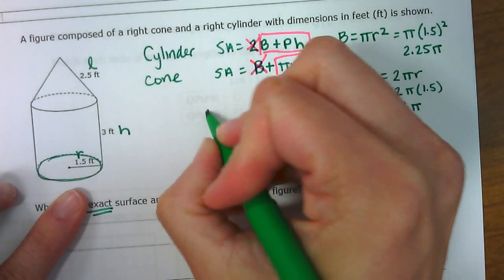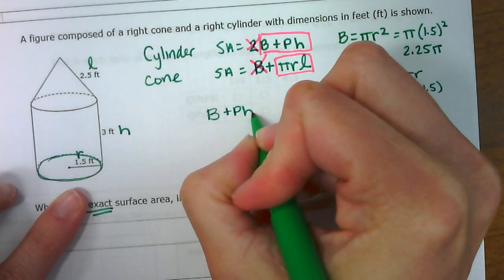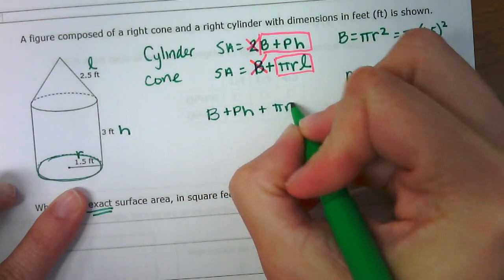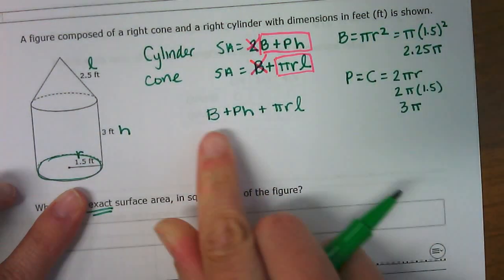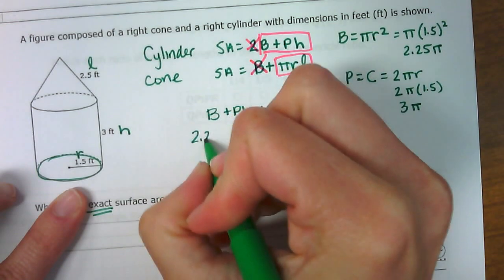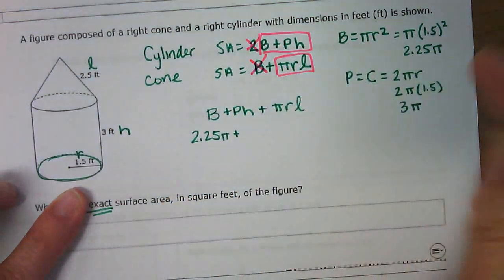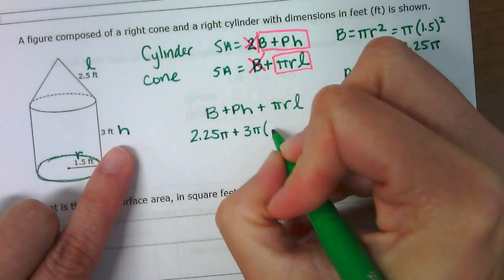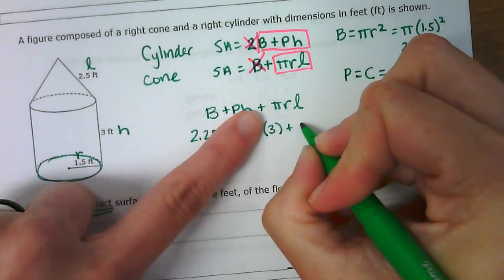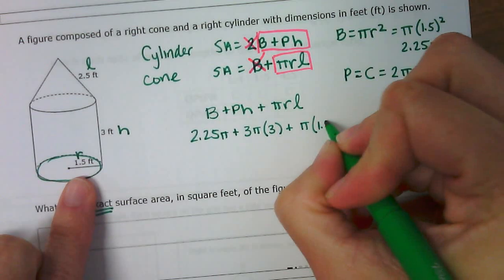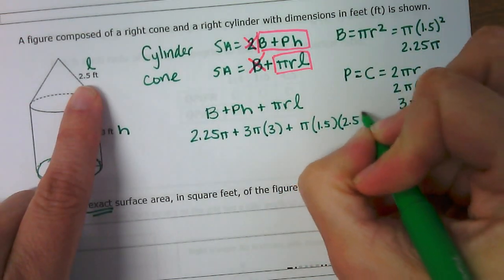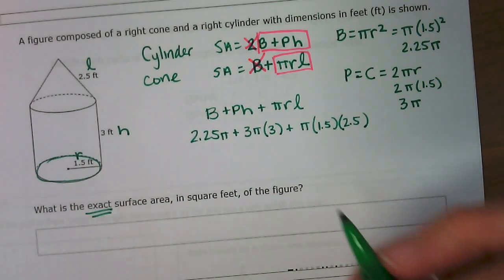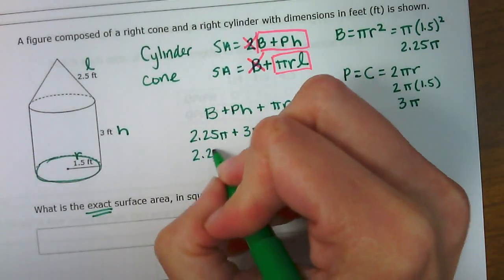So for my cylinder, I needed B plus pH. And for my cone, I needed pi r L. So B was 2.25 pi. P was 3 pi. Our height was 3. And then we have pi times 1.5 times 2.5. So we have to do our order of operations and figure out all of our values.